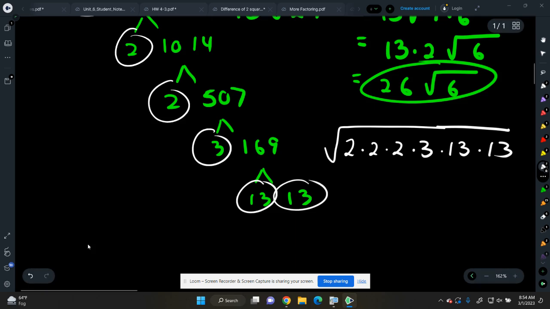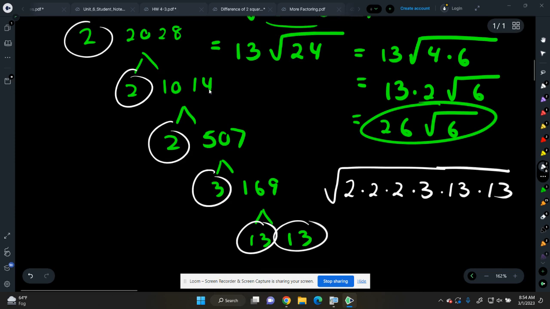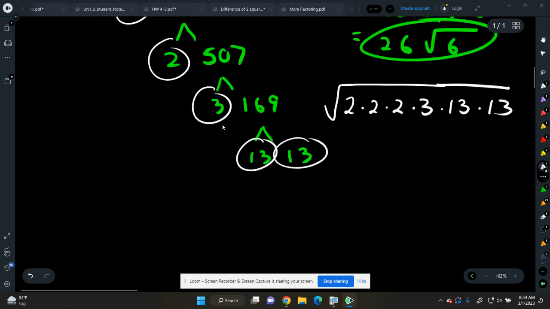Factor it all the way down to the prime numbers, right? It's even, so I started with 2. 2028 is even, so I divided by 2. 1014 is even, so I divided by 2. Now I'm left with an odd number, so I start with 3. Okay, factor it all the way down to its prime numbers, and now take your pairs out.